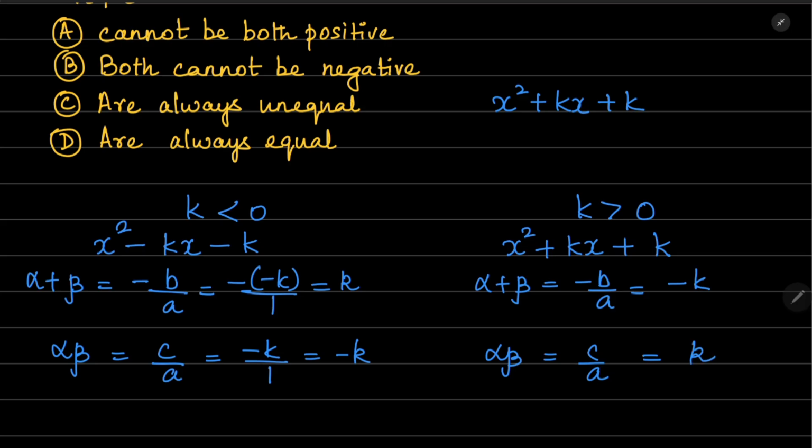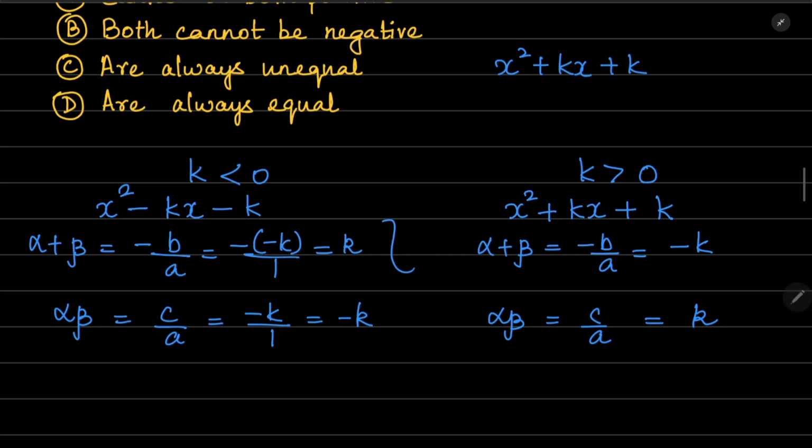Now, in this scenario, wherein the sum has to be positive k and the product will be negative k. What does it mean? The very first observation is, say, alpha is a bigger number and beta is a smaller number. Okay, so if beta is negative, so bigger number minus smaller number will be a positive number, right? And that same bigger number multiplied by negative of a smaller number will give you negative.